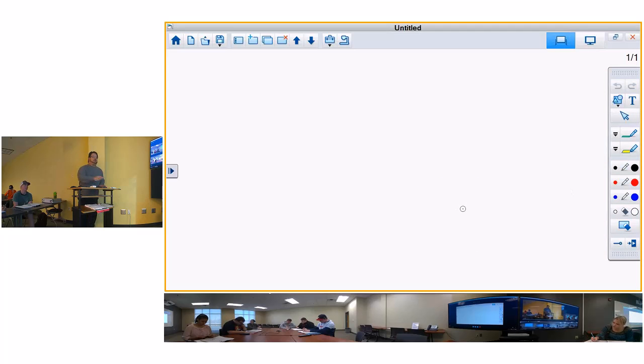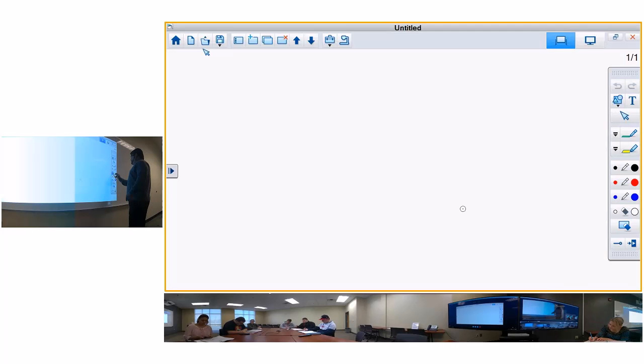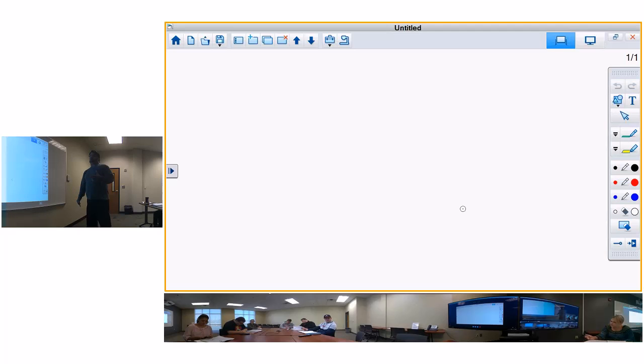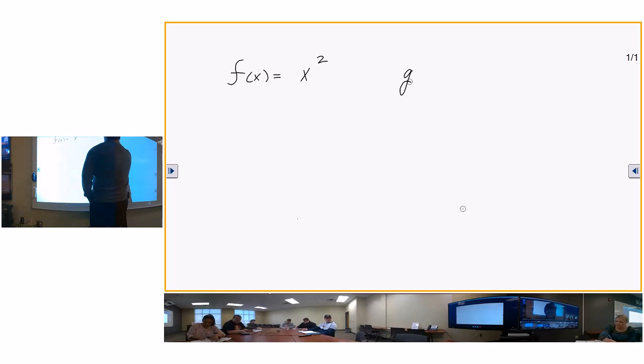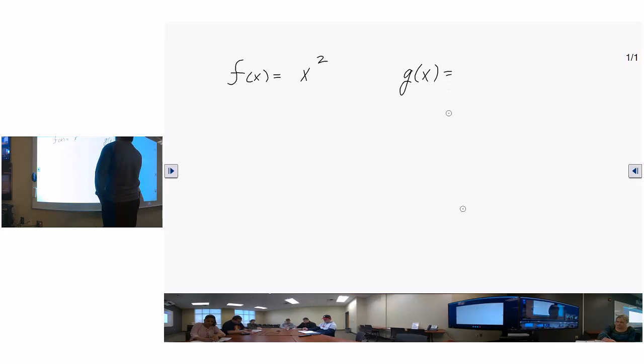Let's go over composition right quick, because a lot of you understood a lot of things with functions, but when it got to composition, I always got confused. So let's go over it. f of x is equal to x squared. g of x is equal to 5x. Everybody with me?